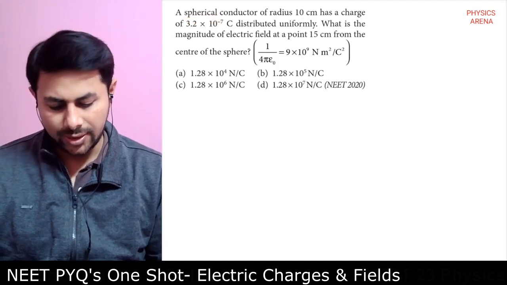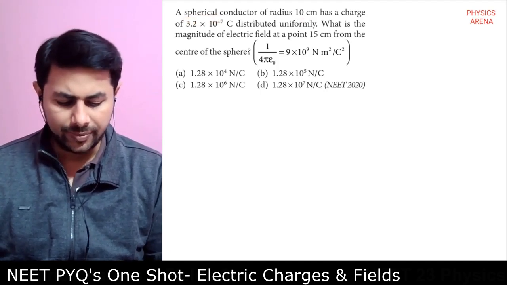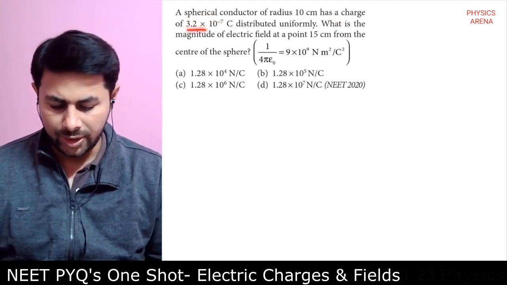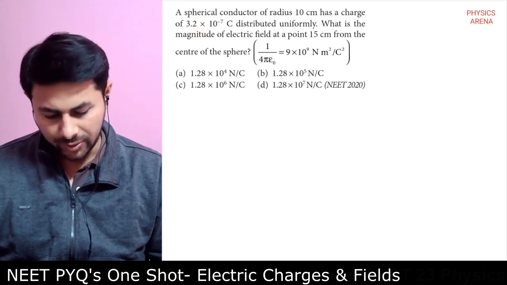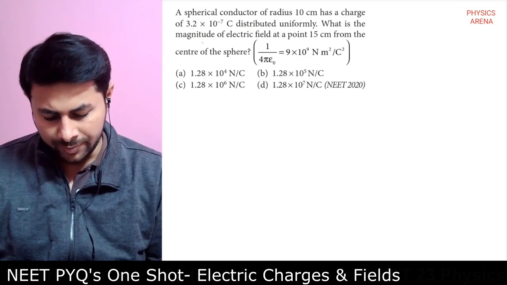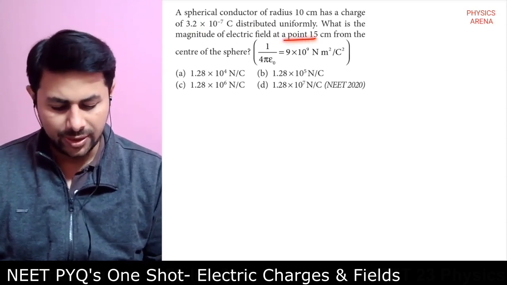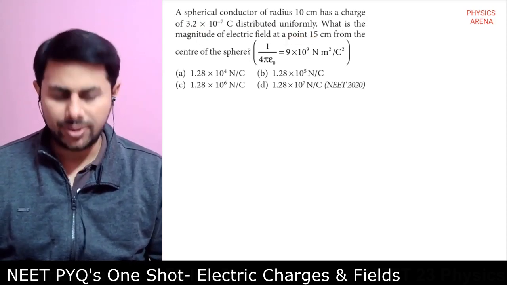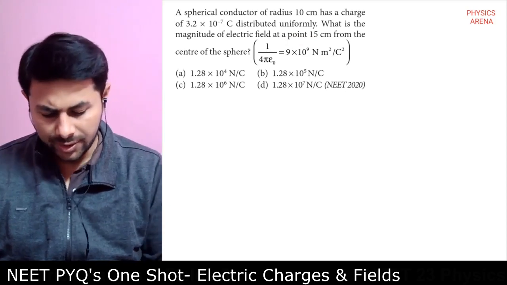A spherical conductor of radius 10 centimeter has a charge of 3.2 multiplied by 10 raised to minus 7 coulomb distributed uniformly. What is the magnitude of the electric field at a point 15 centimeter from the center of the sphere? And this is the question.